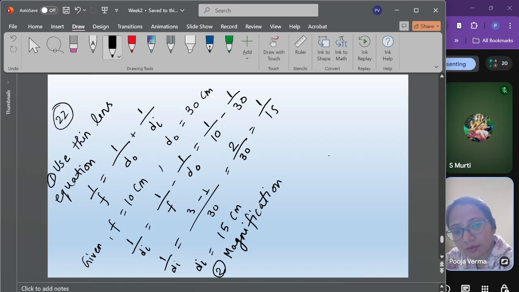Magnification M is di divided by d naught, that is the image distance divided by the object distance, right?